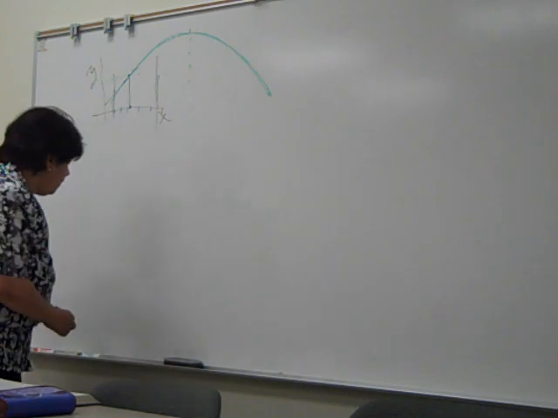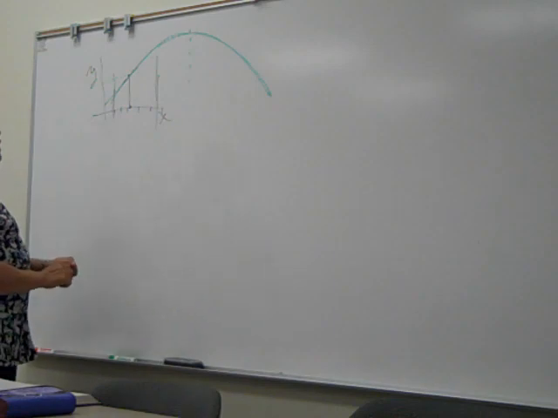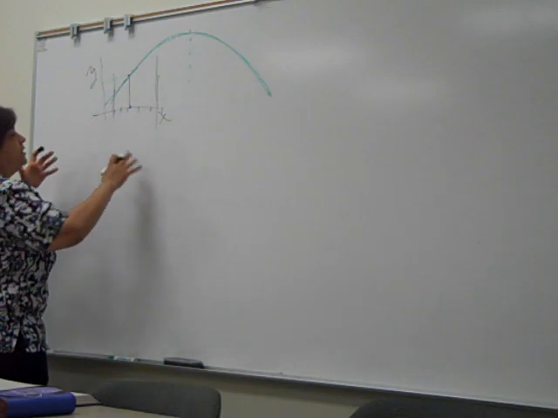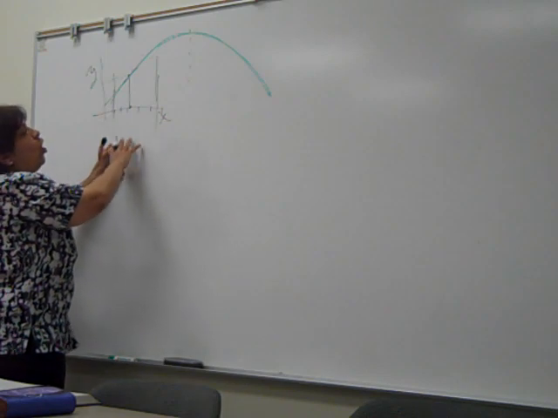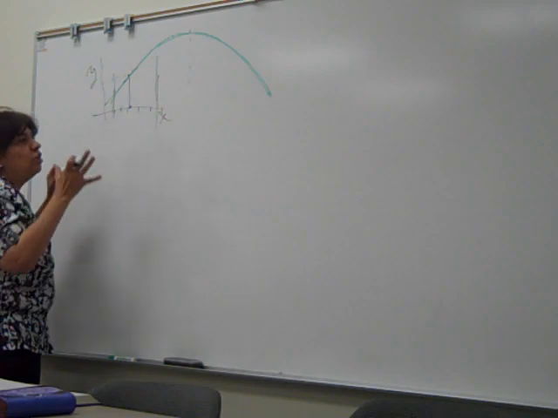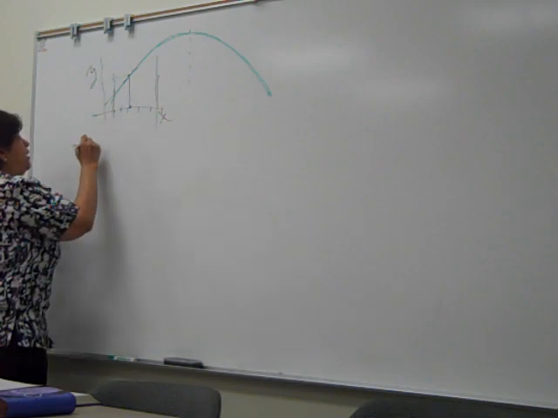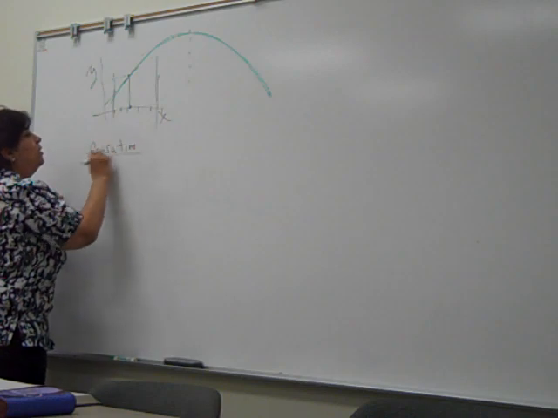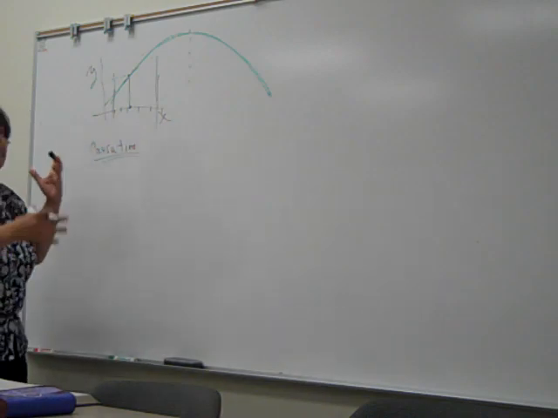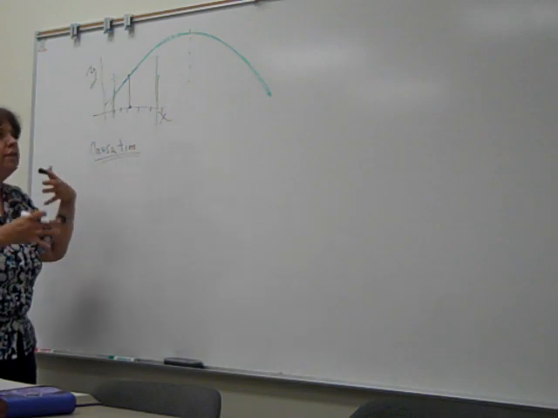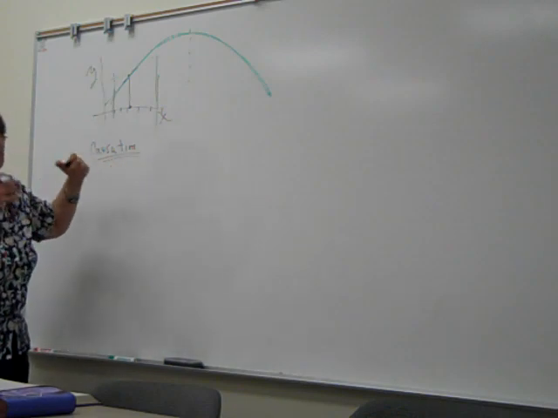Now, be very careful also in saying that this independent variable causes the dependent variable. Hopefully, yes, but not always. If you have a strong correlation, it doesn't mean causation.